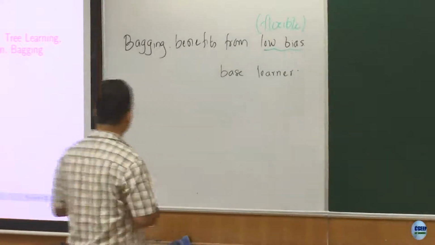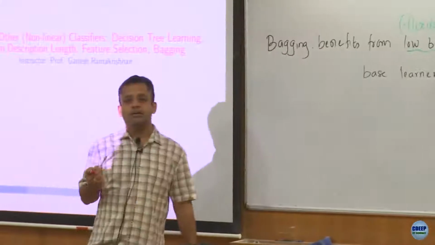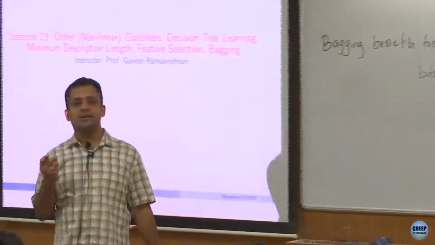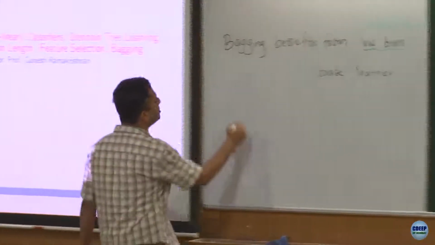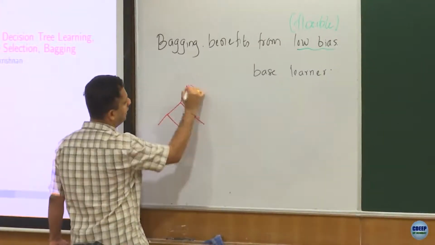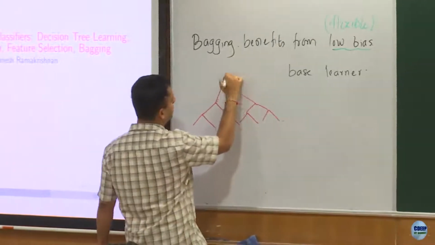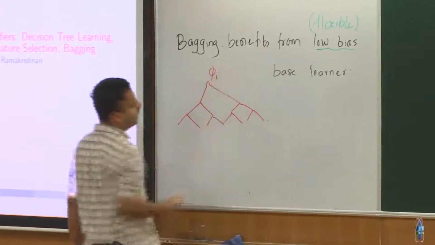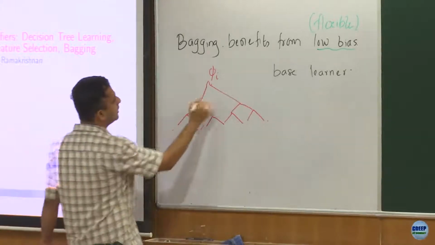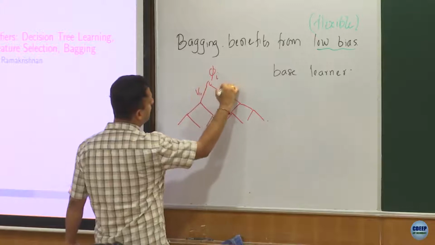What decision trees do is they consider splitting on a feature at a time, basically making a decision on a feature at a time. So that's where the notion of a tree comes. Let's say this is a feature phi I, and phi I can have values vi1 to vij.